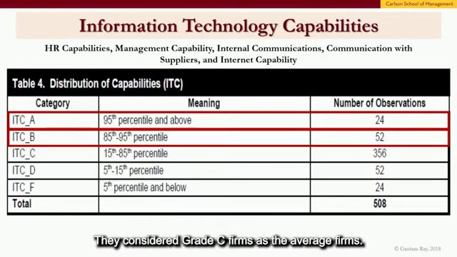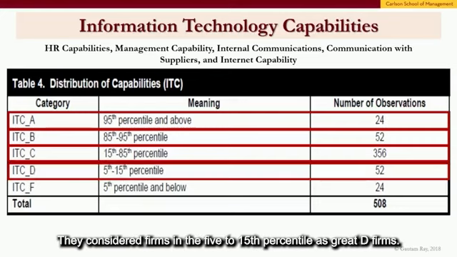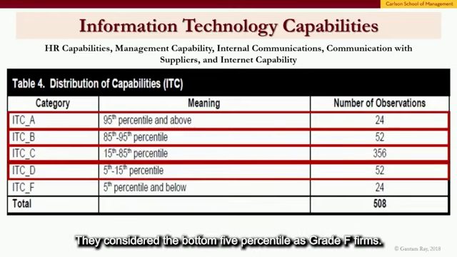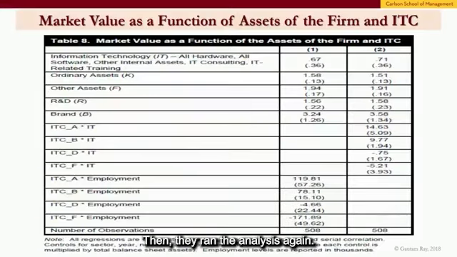They considered grade C firms as the average firms, so firms that are between the 15th and 85th percentile. They considered firms in the 5th to 15th percentile as grade D firms, and they considered the bottom 5 percentile as grade F firms. In academia, we don't have grade E, so there was no grade E. Okay? And then they ran the analysis again.